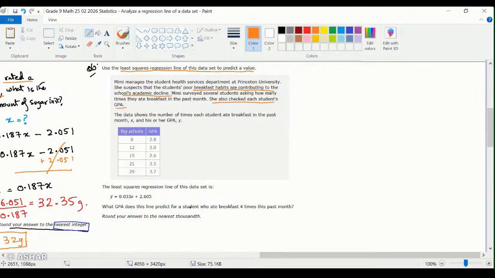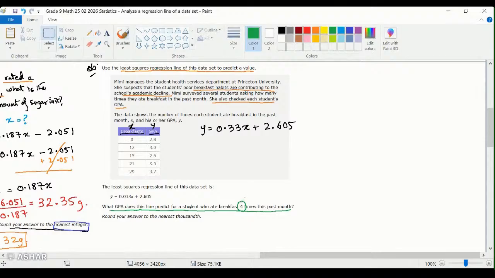So the breakfast is what they're eating is on X axis and the score is on the Y axis, right? The line is given to us, the equation given to us is 0.33x plus 2.605. Agreed? And what they're asking us, what GPA does this line predict for a student who ate breakfast 4 times this past month?